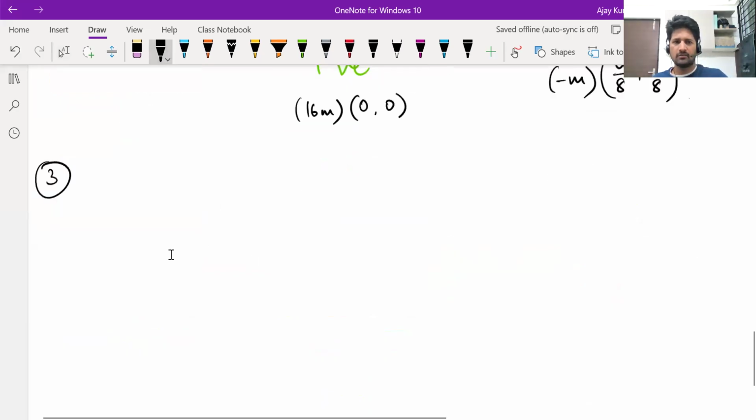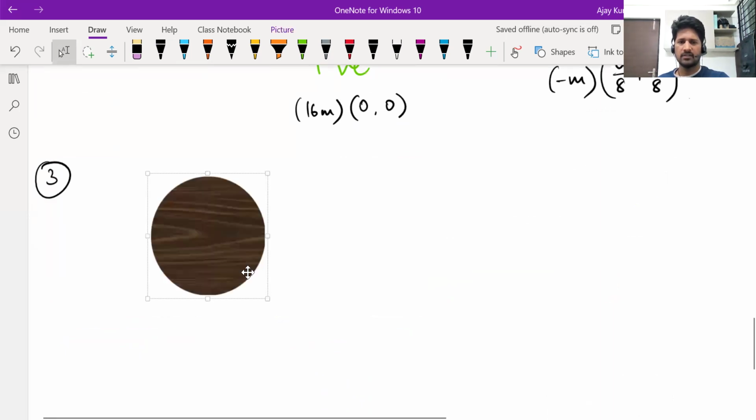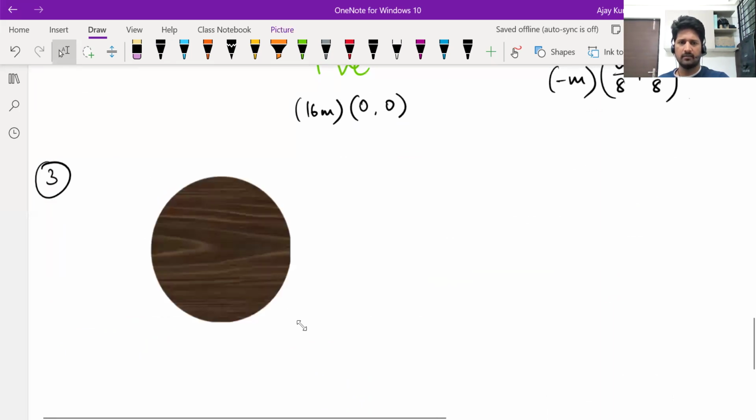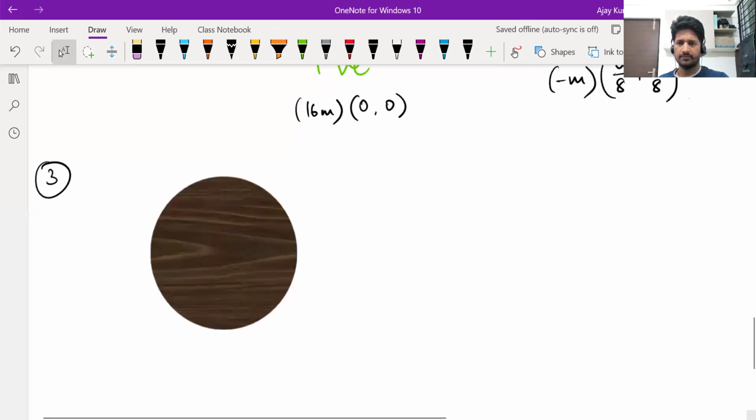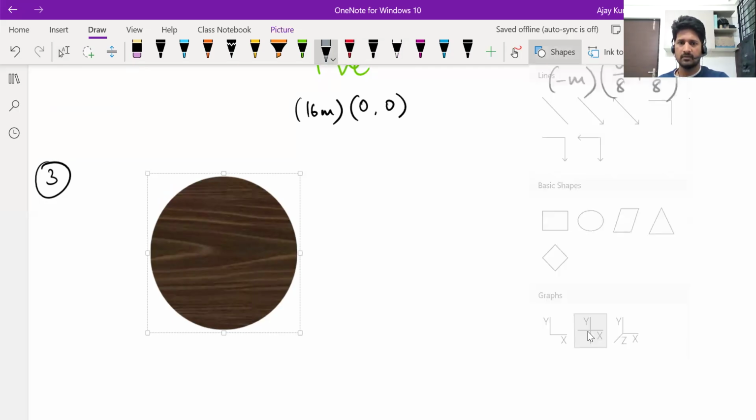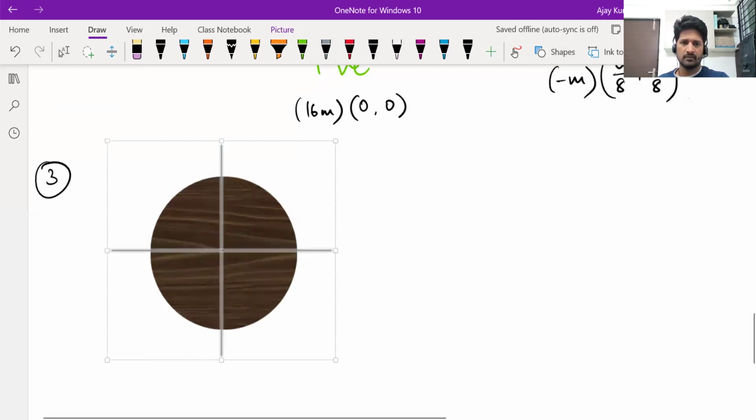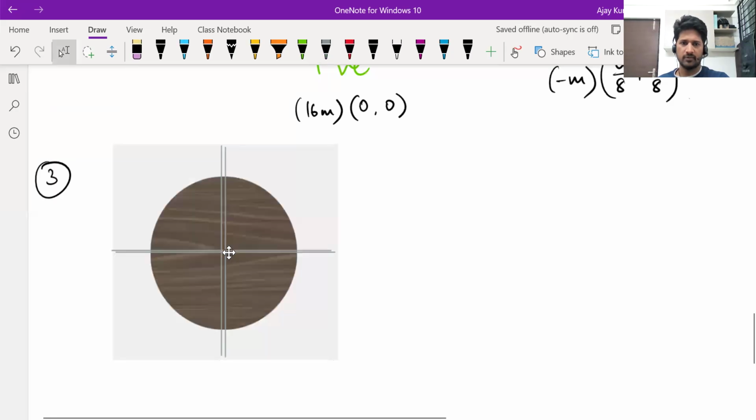Next, one last question of this kind. After that, we will move to moment of inertia. This question is quite common actually in any material you will find. From a circular disk, let's say some part is removed.